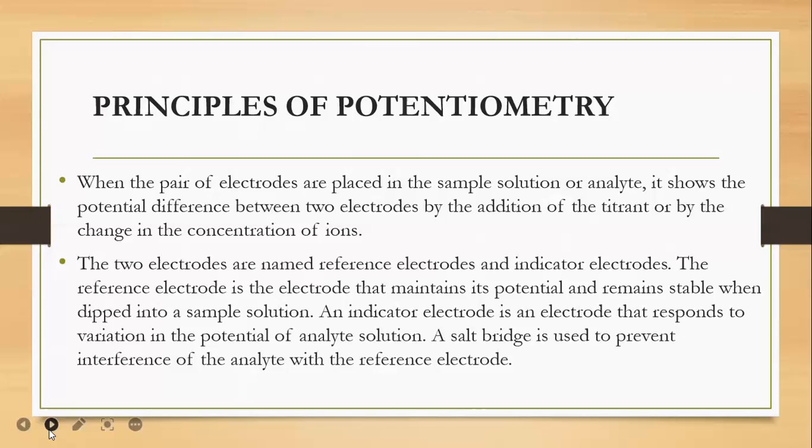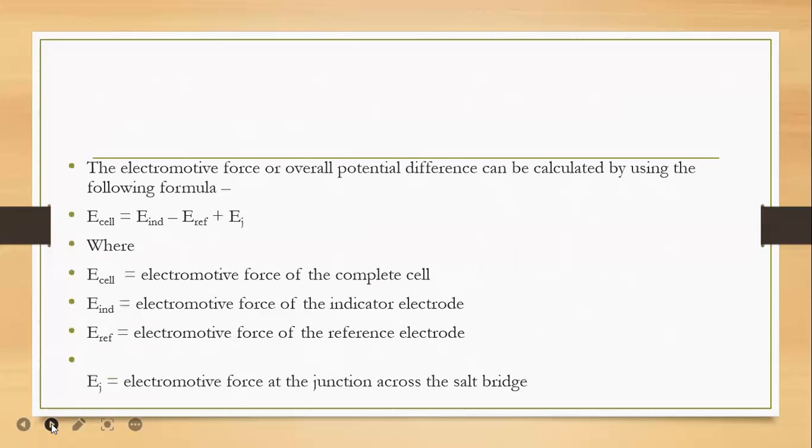So next, the electromotive force or overall potential difference can be calculated by using this formula. E cell equals E indicator minus E reference plus E junction.